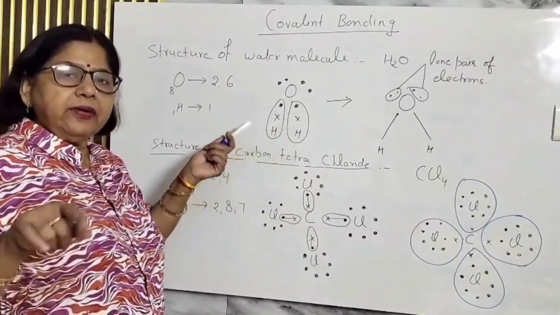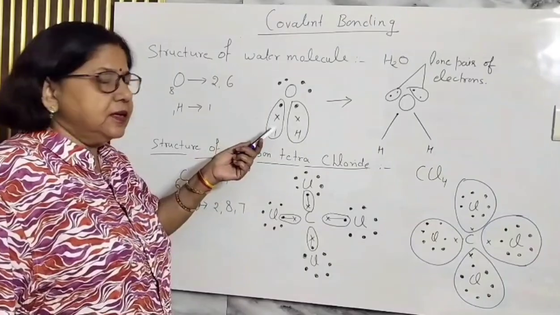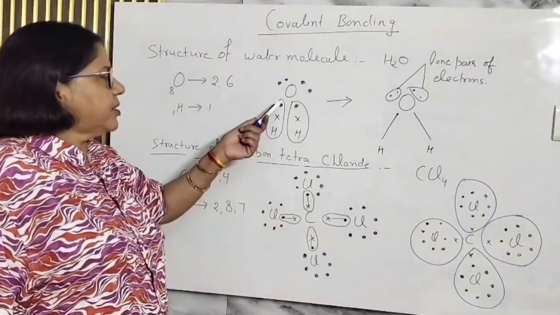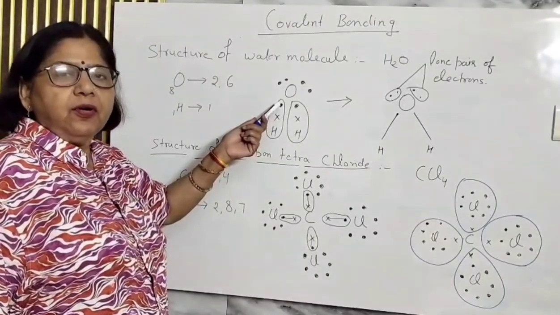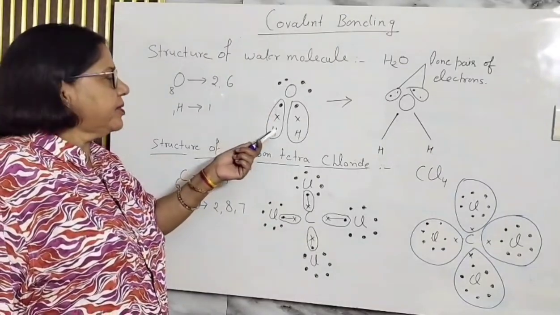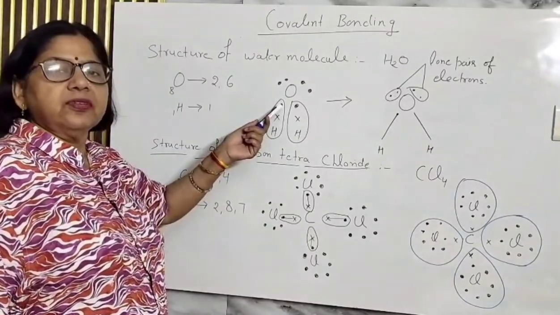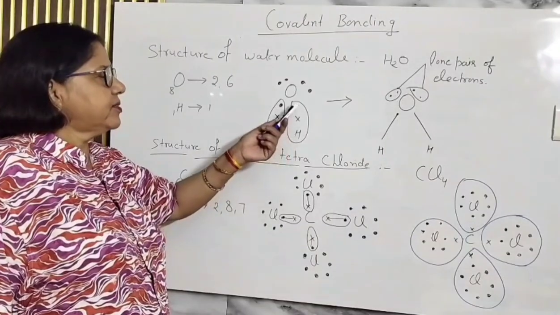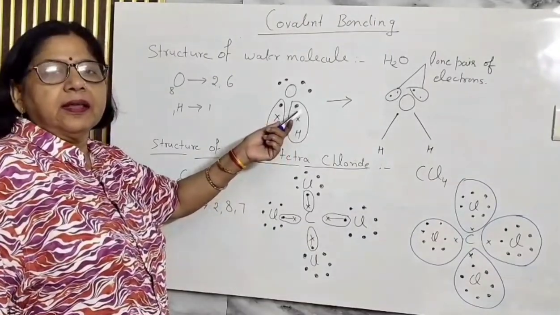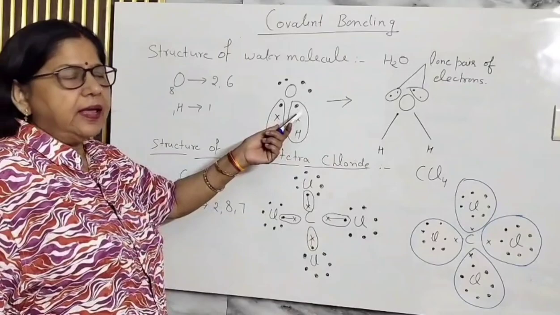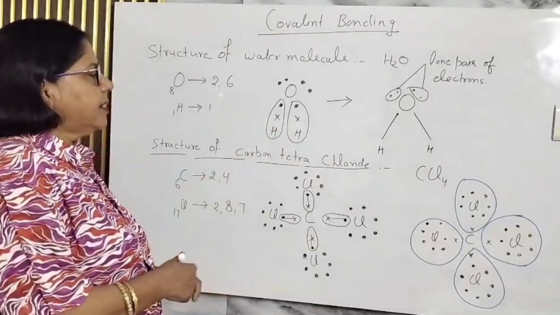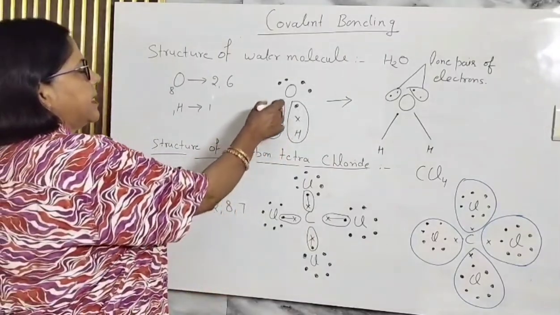Now, hydrogen has to complete the duplet. So, one hydrogen shares 1 electron of oxygen and another hydrogen shares another electron of oxygen, right? And in that way, the duplet of hydrogen is completed.